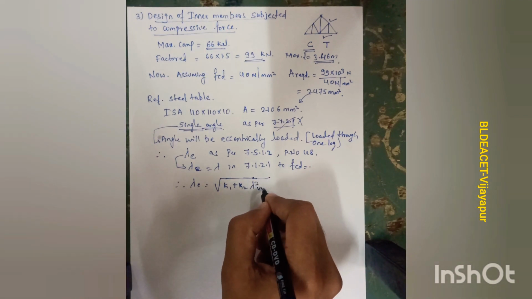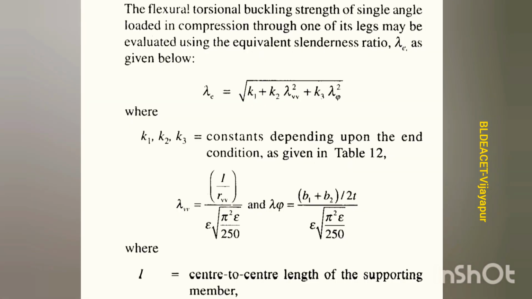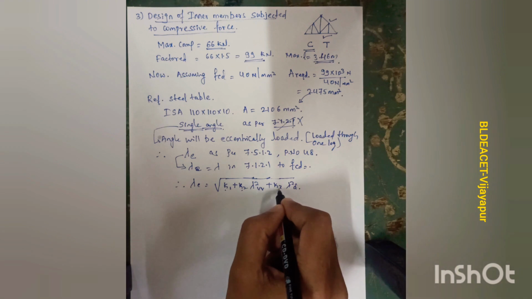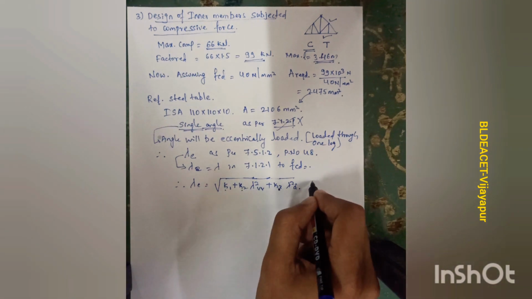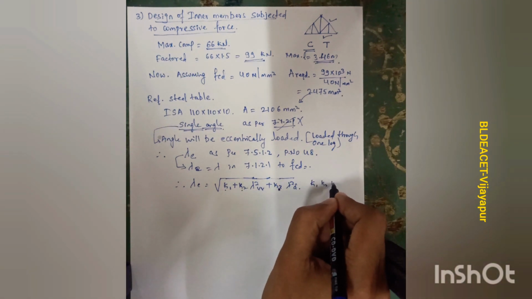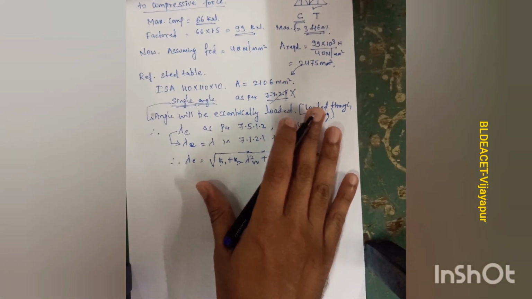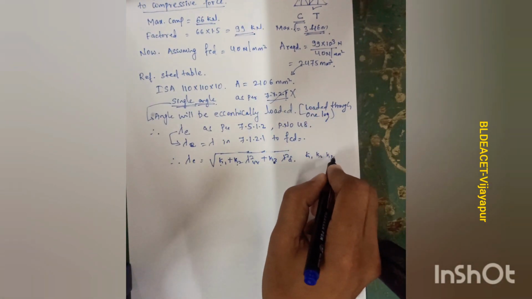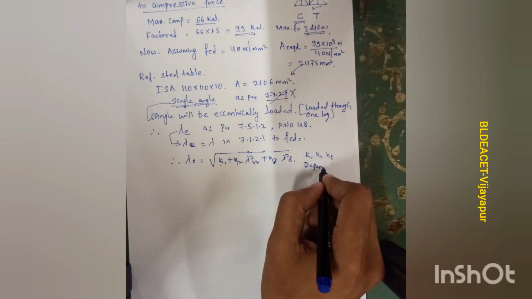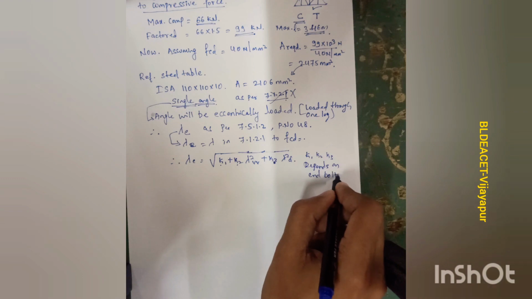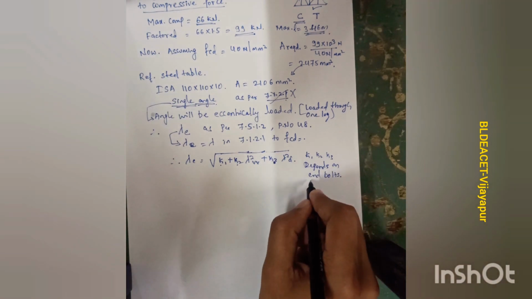lambda square VV plus K3 lambda square phi, where K1, K2, K3 depend on the end bolts given in table 12.